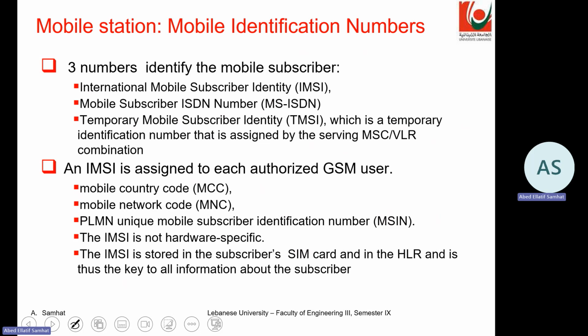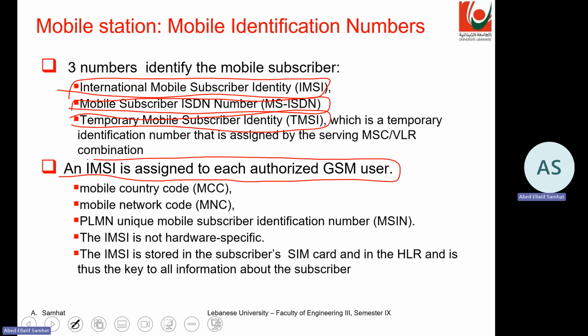And we have other numbers that are used in the mobile network system, as we said: the International Mobile Subscriber Identity, the Mobile Subscriber ISDN number, and the Temporary Mobile Subscriber Identity. Let's see what those numbers are. We start with the International Mobile Subscriber Identity, which is assigned to each GSM user.